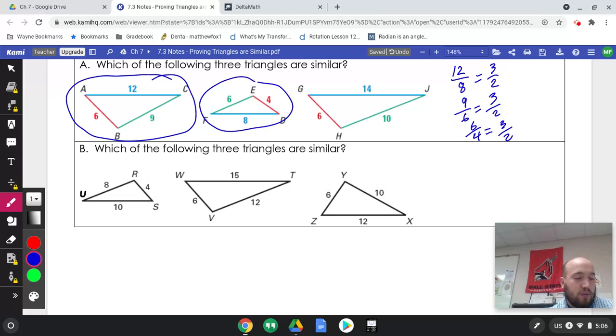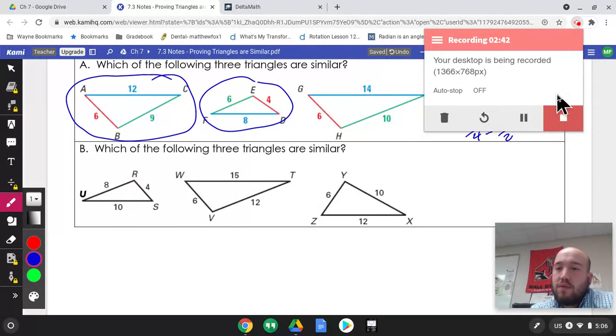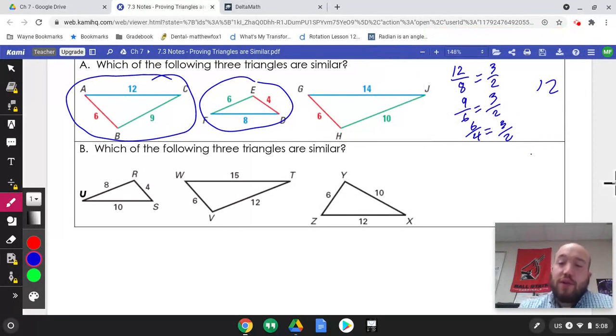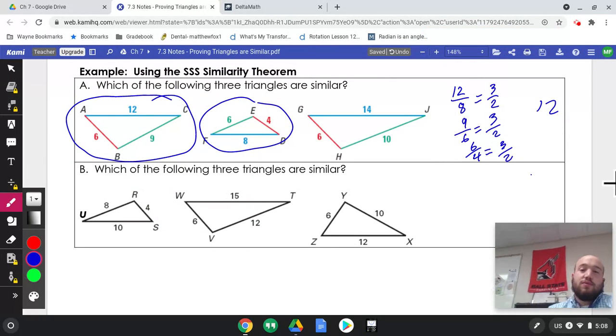In case we wanted to double check, maybe this one also works. So we look at the longest sides, 12 and 14. If we compare 12 over 14, that would reduce down to 6 over 7.